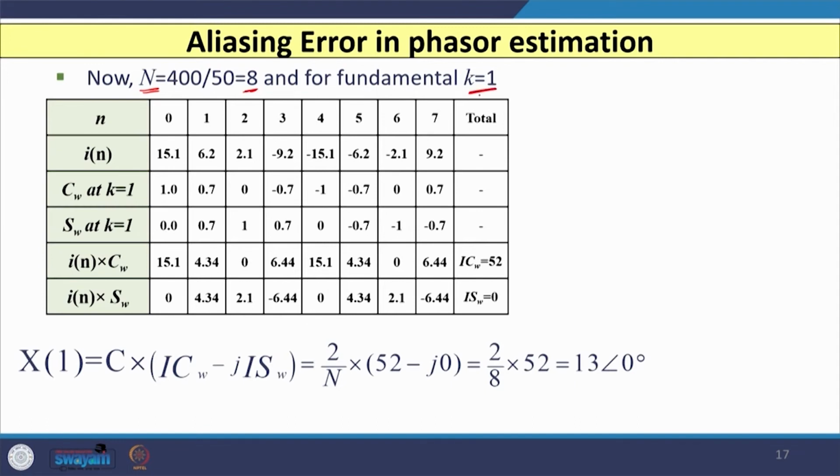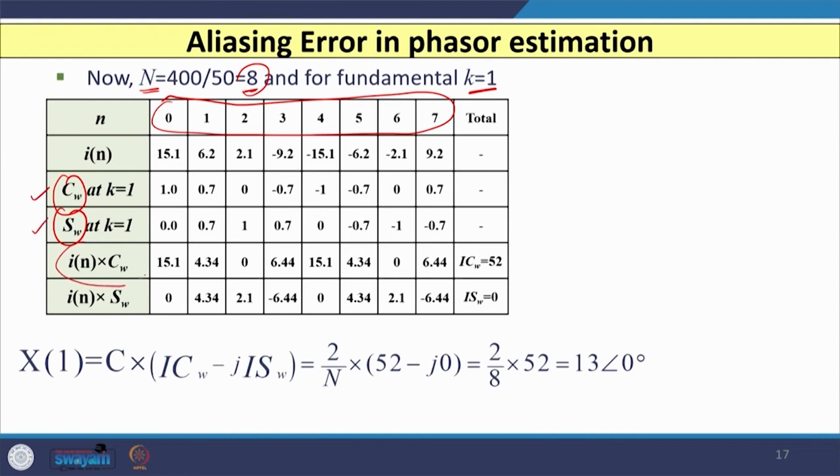If you calculate the values of Cw and Sw as we did earlier, by putting k equal to 1, n varying from 0 to 7 and capital N, that is 8, in the cos of 2 pi by N k n and sin of 2 pi by N k n equations, you get the values of Cw and Sw.